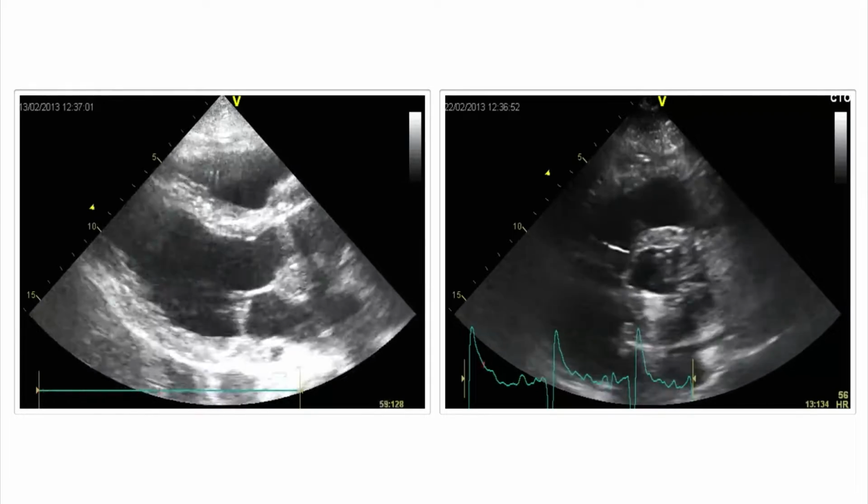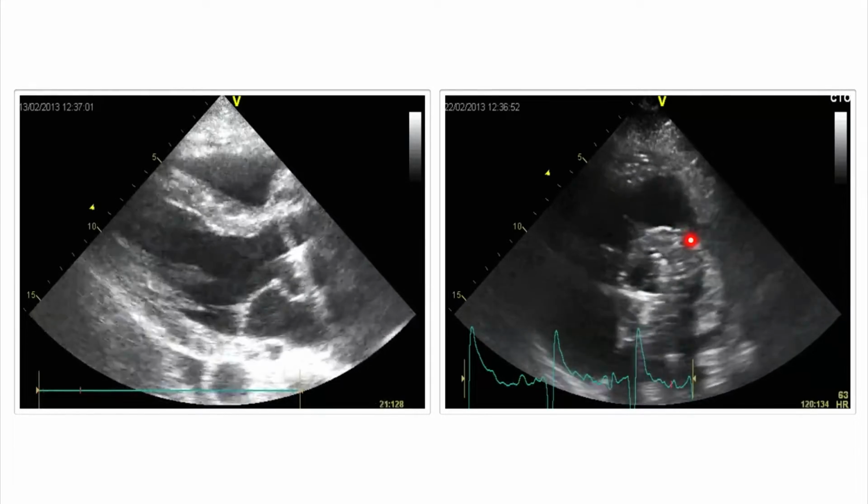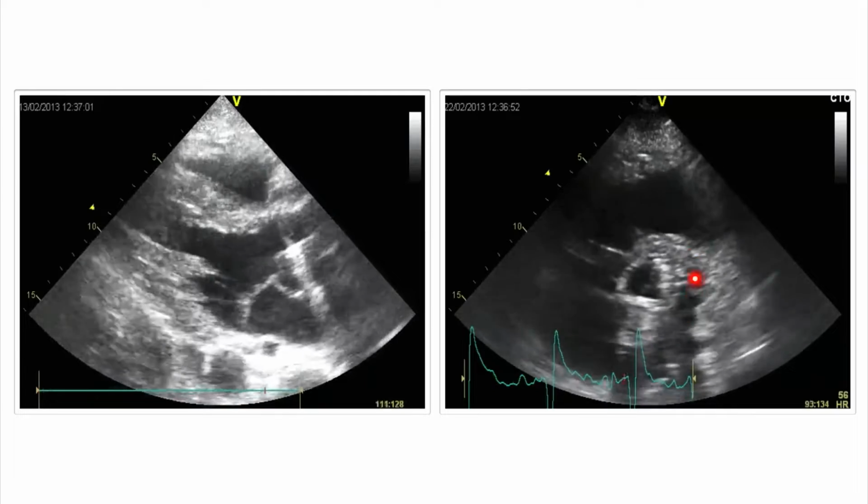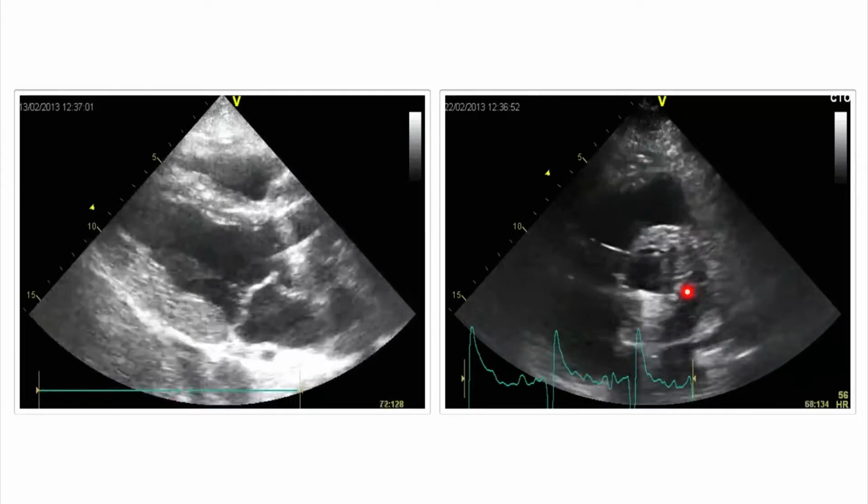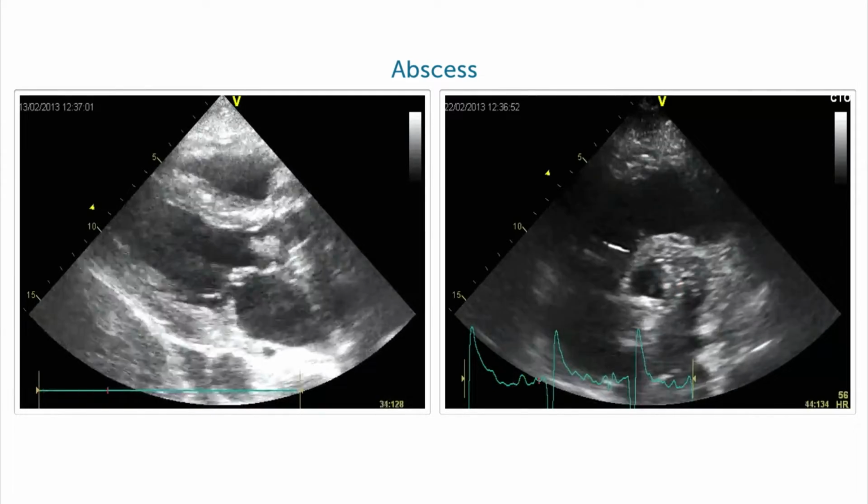We see not only this, but also that there is a lot of echoes around the prosthesis. What we have here is an abscess. So a massive form of endocarditis, and with the sequence of a stroke showing you how dramatic endocarditis can be.